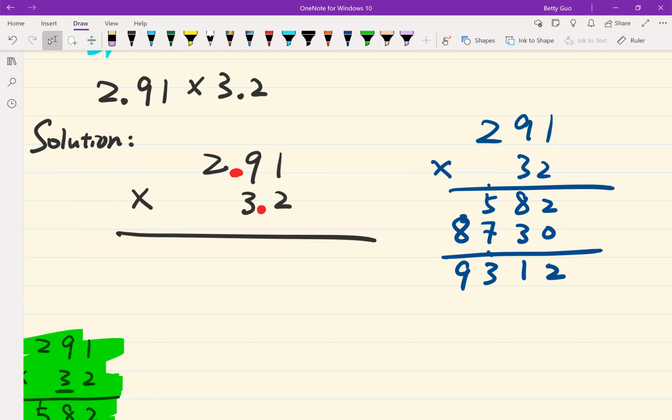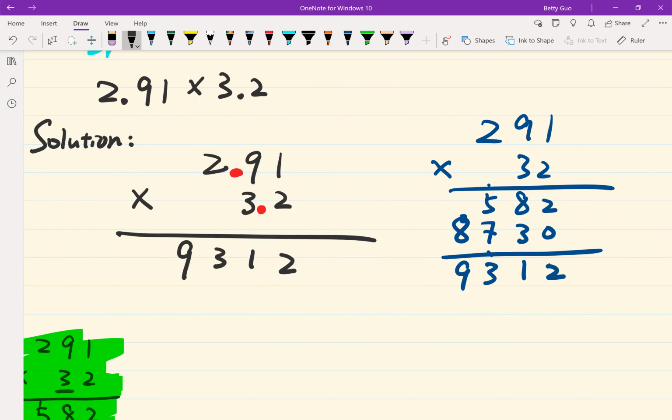So line them up, and then ignore the decimal point. You will have a whole number, 9,312. Now you're going to place the decimal point. How do we place the decimal point?